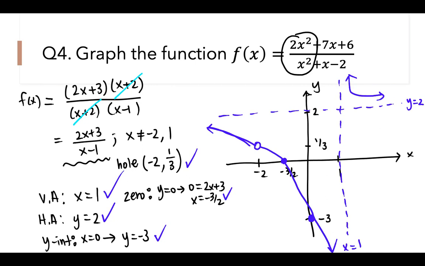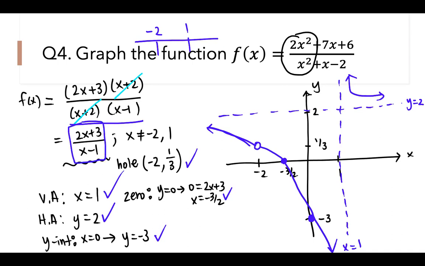Well, we can do the number chart again. For the number chart, you do it including all the zeros before you canceled everything. So -2 and 1. Let's plug in a number that is smaller than -2, for example -3, into my simplified equation.